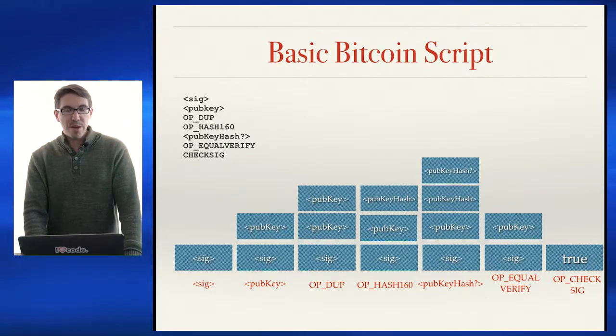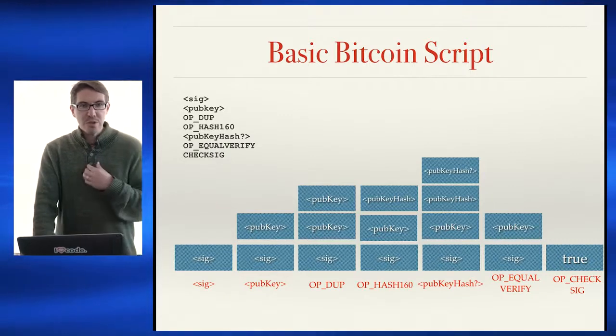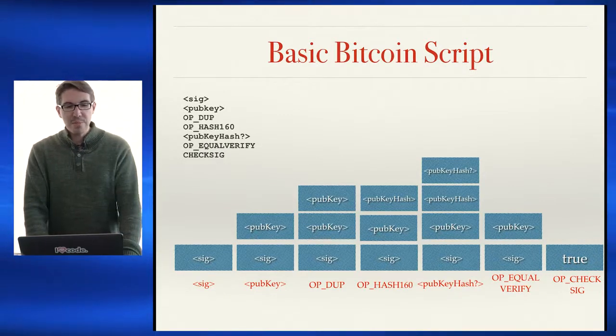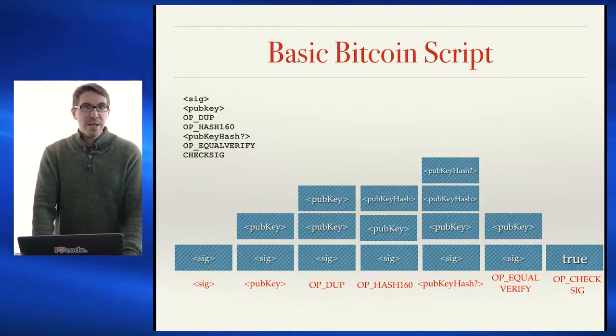So did both of these, did the potential public key hash meet the public key hash? The only way this will occur is if the user who was sending the Bitcoin had access to those coins and was sending it to a valid address. If they didn't, then OP_EQUALVERIFY will fail, and this Bitcoin transaction will be considered invalid.